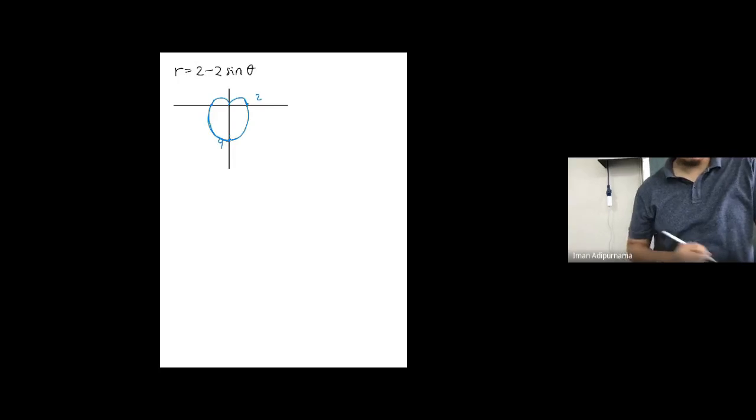So you have, okay, this is 4, this is 2, this is 2. Should be, yeah, it should be like a heart.